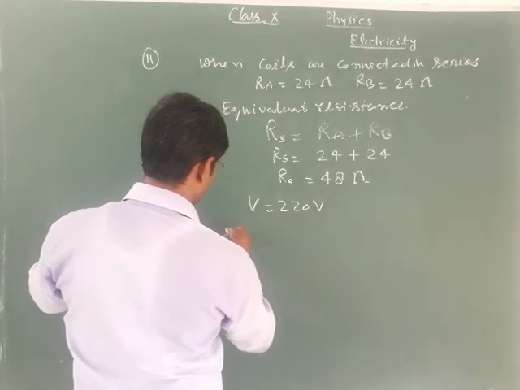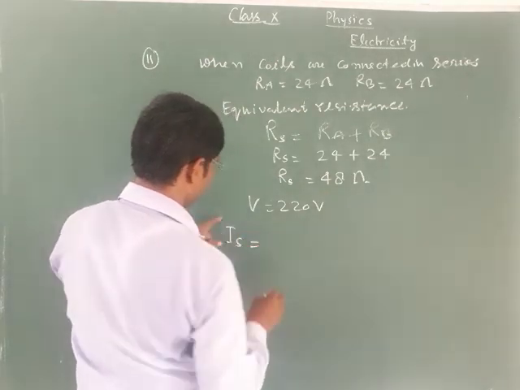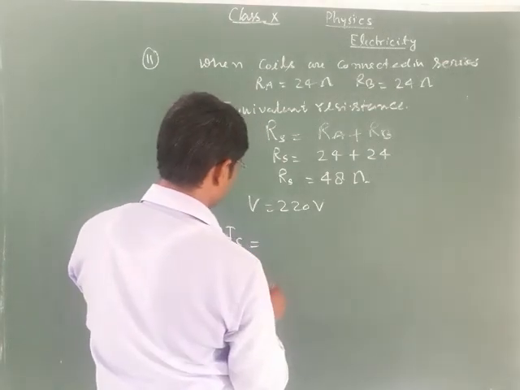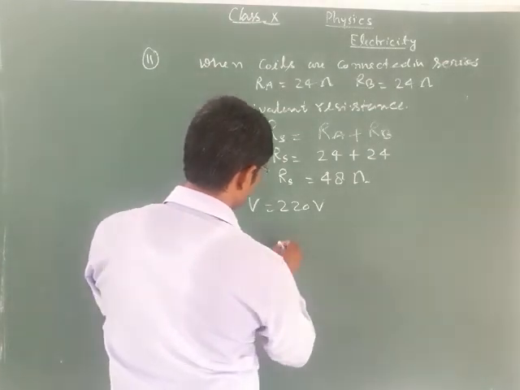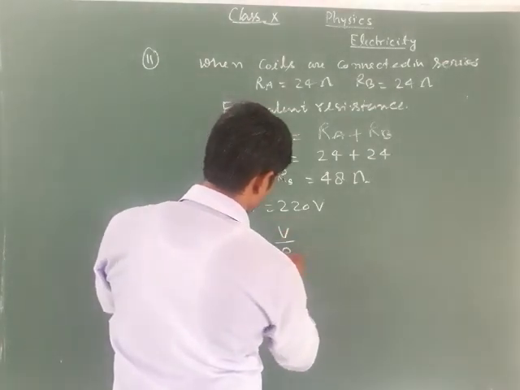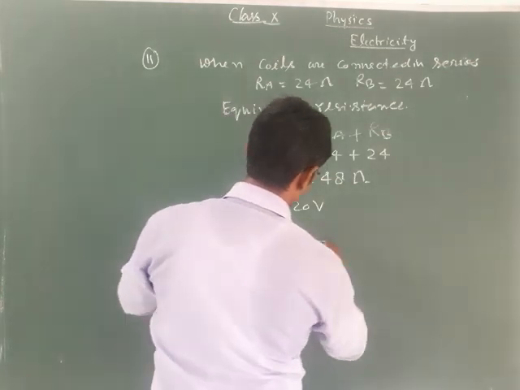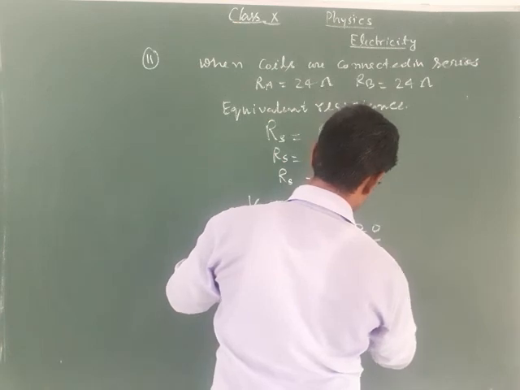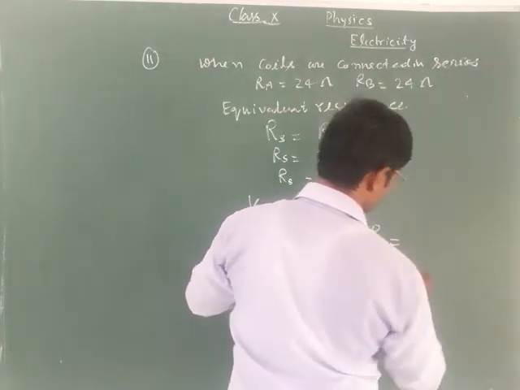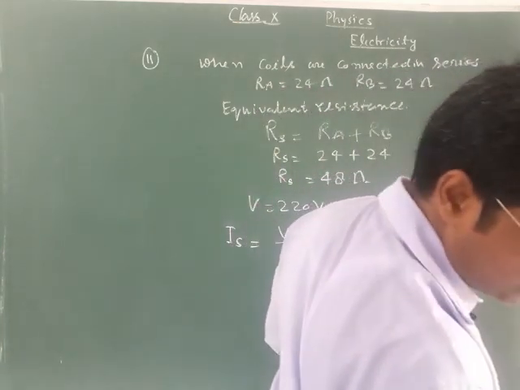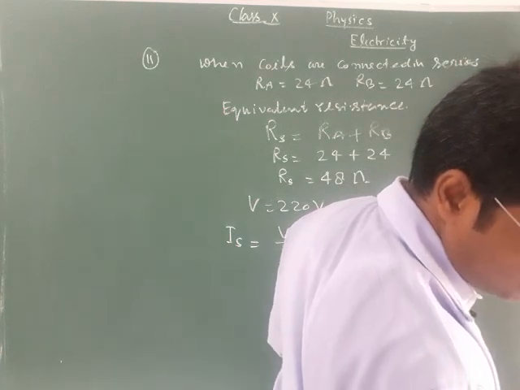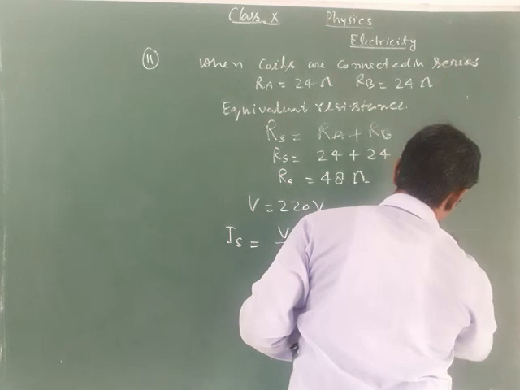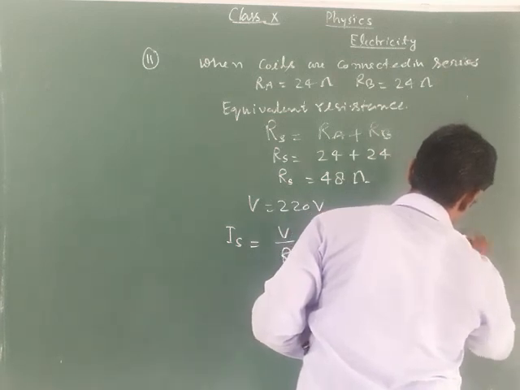So in series, the current Is is equal to V by Rs. So V 220 volt upon 48, calculate it, so 4.58 ampere.